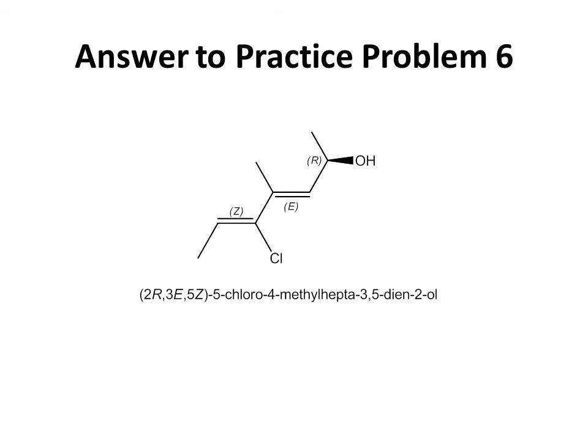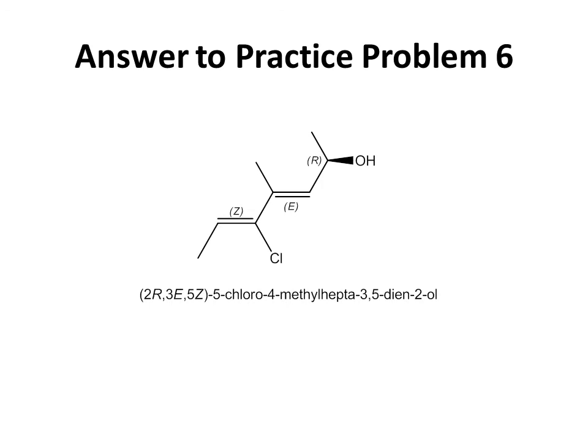There are also 2 carbon-carbon double bonds with 4 different groups on them, so we need to use the E or Z designations. The stereogenic center at position 2 is R, and the E or Z designations are as shown.